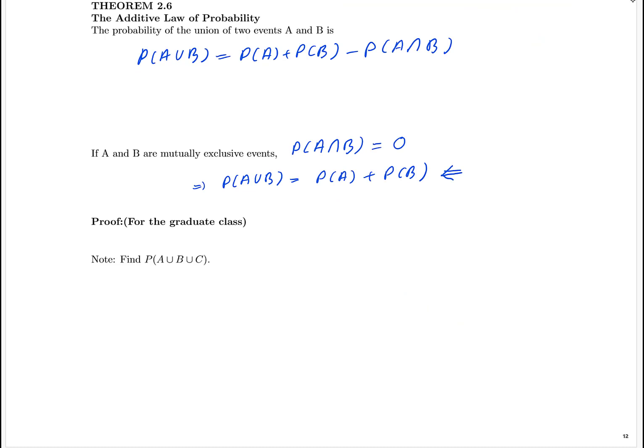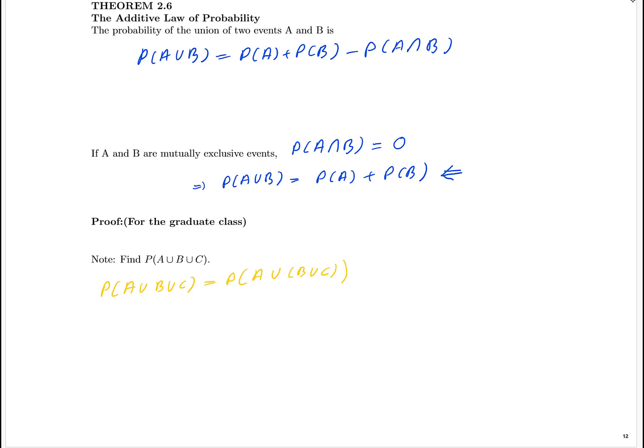Now let me consider this. Find probability of A union B union C. Okay, so for probability of A union B union C, I consider A, and I consider B union C as another set.